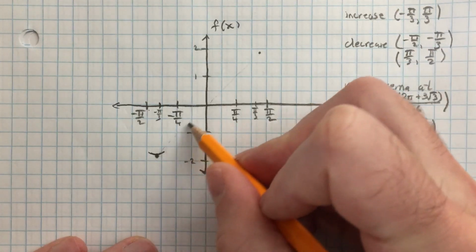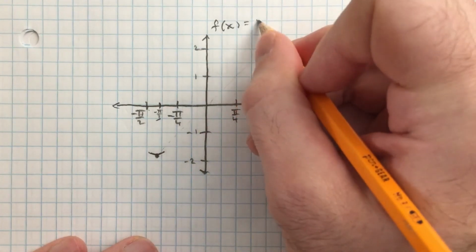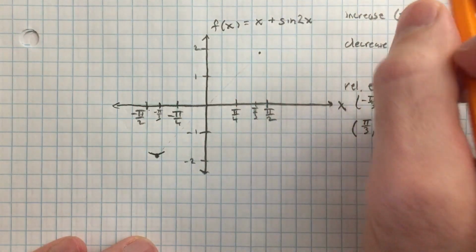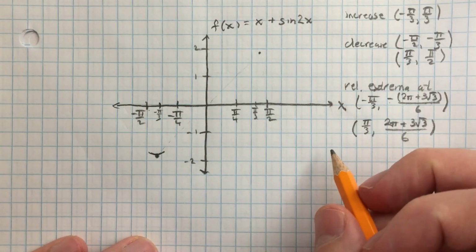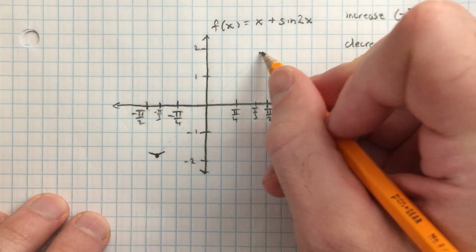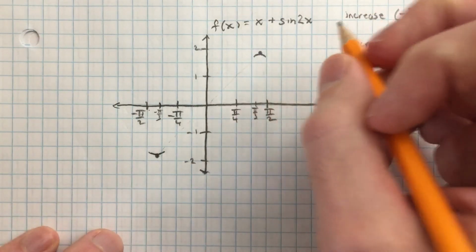And the reason I know it's opposite the origin in this sense is because the original function, x plus sine of 2x, if I remember, is an odd function, okay? All right, so we should have a relative max over here. Something looks like this going on.